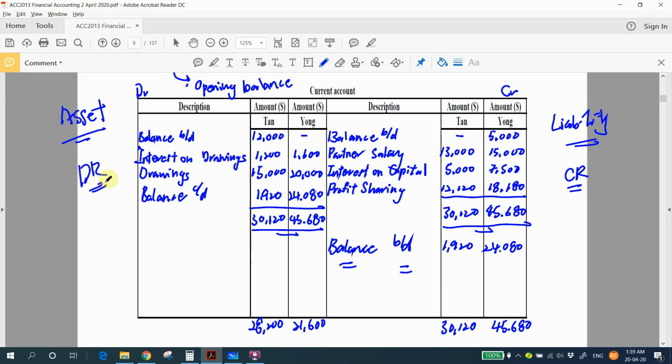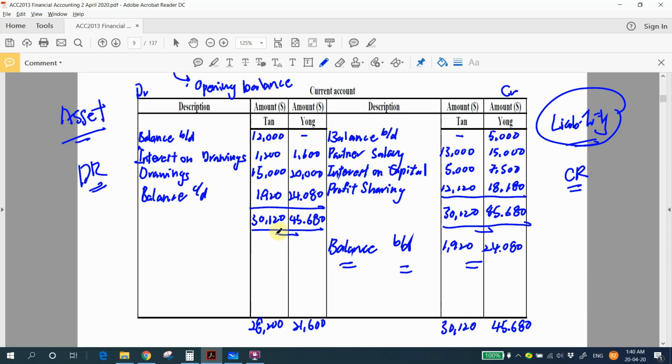I hope that you still remember this. Put it in a simple way. When the balance b/d is on the credit, it means that this is a liability of the partnership. It means that this is the amount due to partner. It means that the partnership owes money to the partner.